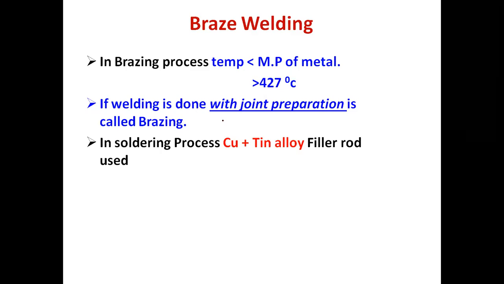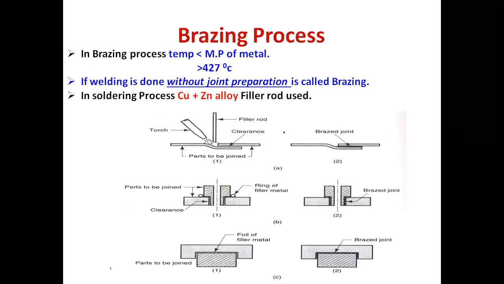But other than these, there are some other defects. The first one is cracks. These are interruptions of fracture type, either in the weld or in the base material. It is a serious defect. The welded joint becomes weak if a crack is present.